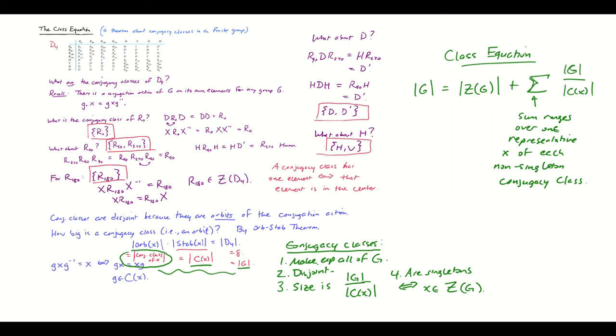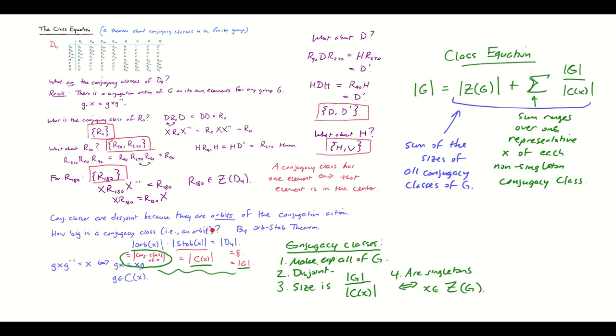Okay, and why is that equal to the order of G? Well, it's the order of G because the conjugacy classes make up all of G. That is, every element of G appears over here somewhere and appears only once. There's no overlap among the conjugacy classes. And just to review, this term represents the size of a conjugacy class by the orbit stabilizer theorem. That is, this is the entire group, or its size. This is the size of the centralizer.